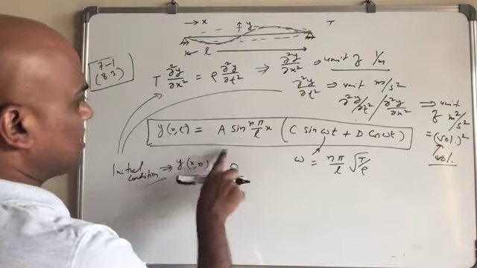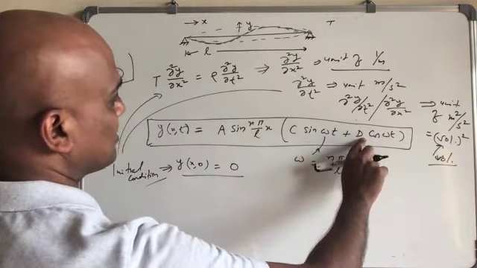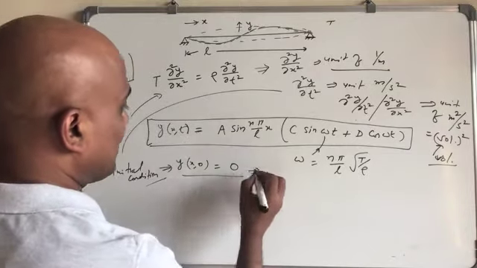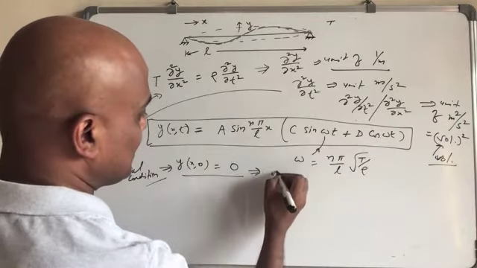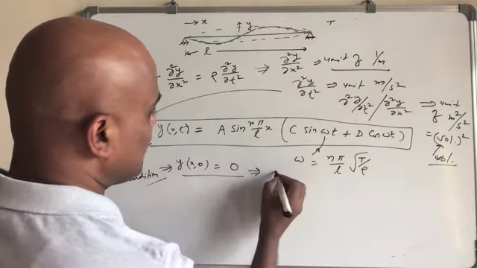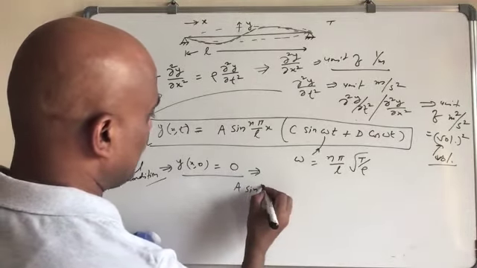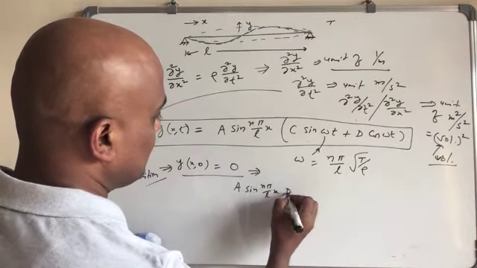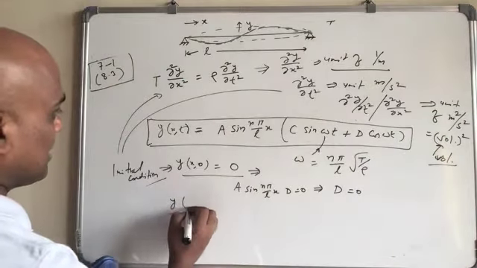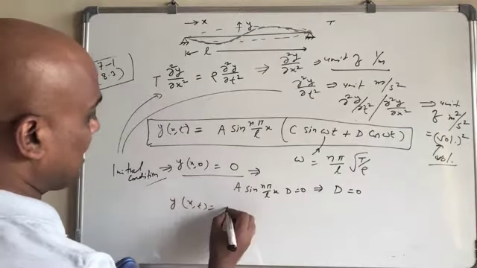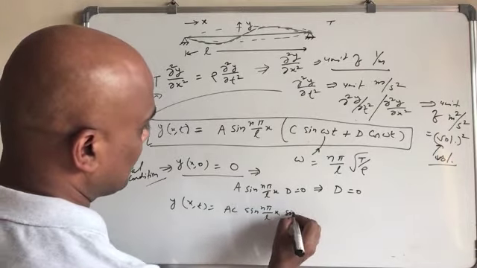If you put the t equal to 0 value, this will be gone and we will have D. From the analysis we did earlier, we get C equal to 0, times D times a sine n pi over L x, times D equal to 0, and hence D will be equal to 0.